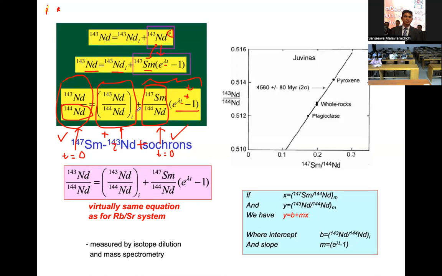So we'll see this equation, and these measurements, normally we make using mass spectrometry as I mentioned before, but we use a special technique called the isotope dilution method, which I'm not going to introduce.